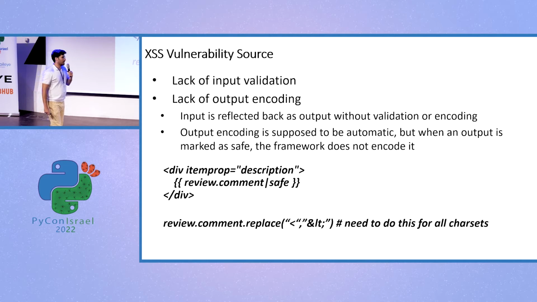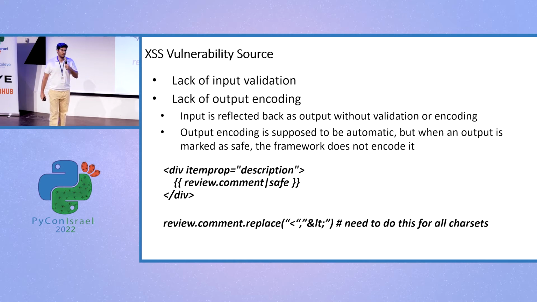The source of the vulnerability is twofold. First of all, lacking input validation, meaning if you don't need to accept all characters, then just don't. We will talk about this later. But also the root cause is lack of output encoding. If you want to take data and show it inside HTML, you have to do the proper HTML sanitation or encoding.